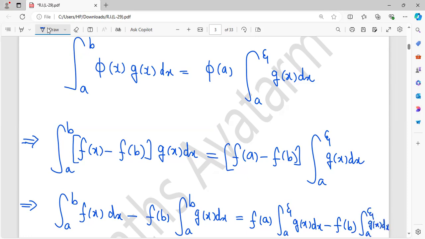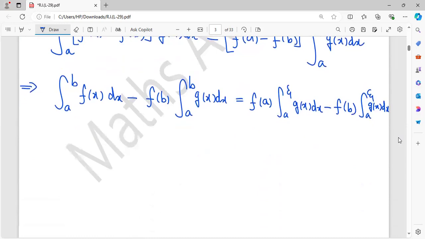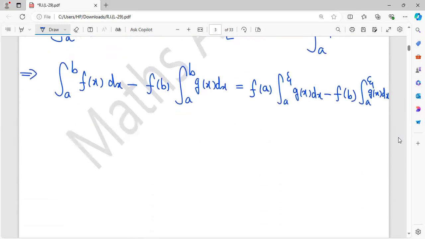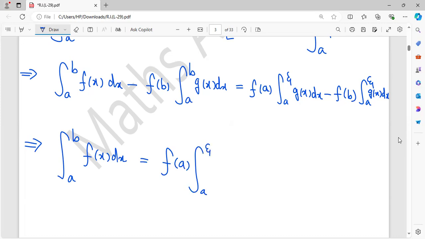Now arrange these integrations. So this is equal to integral a to b f(x) g(x) dx, you take this part on the right, a to ξ, and take f(b) common outside.